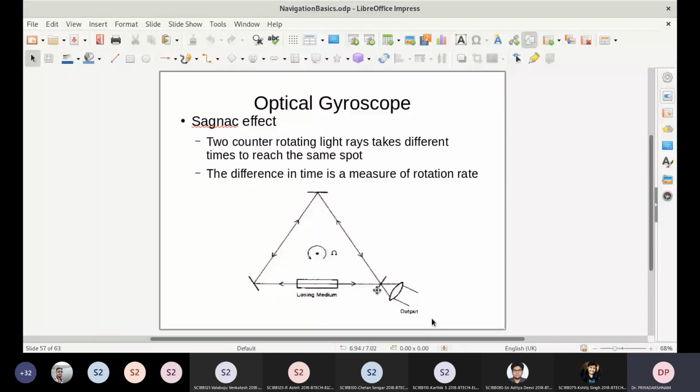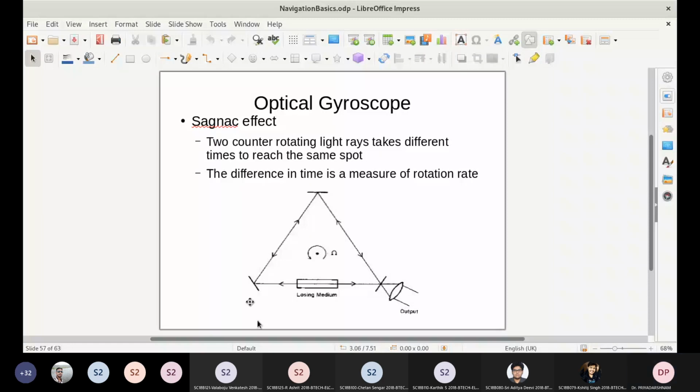Now consider a situation in which this triangular shape, what is shown here, is rotated with respect to the central axis, which is protruding out of the screen. This is only the plane section of the device which is shown here. If there is a rotation, what would happen? One of the rays will take a longer distance to travel than the other.